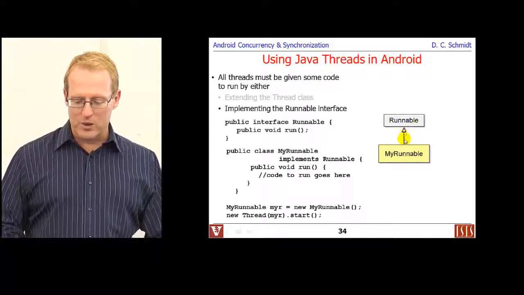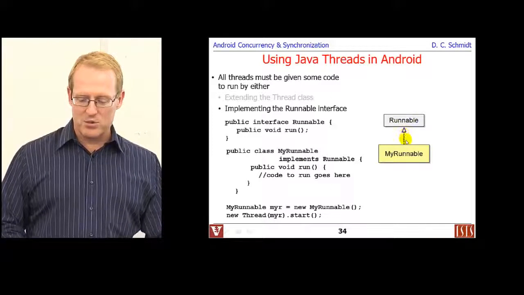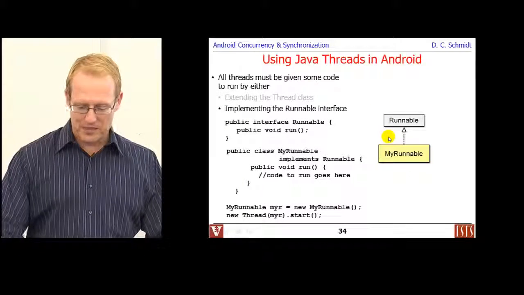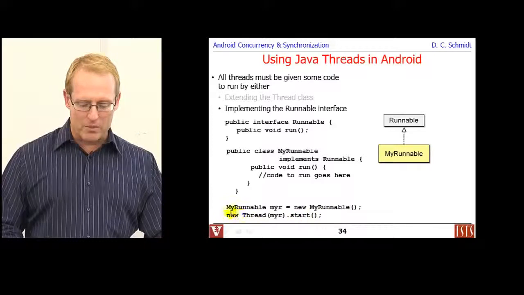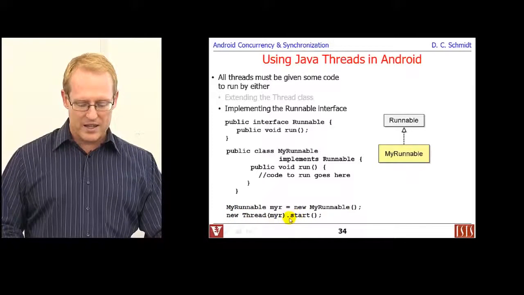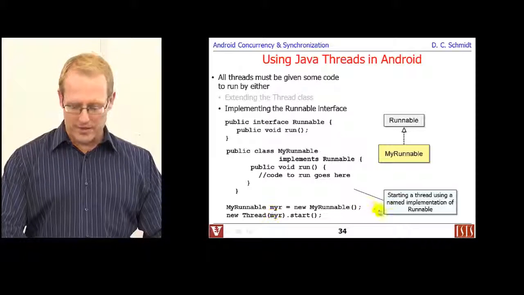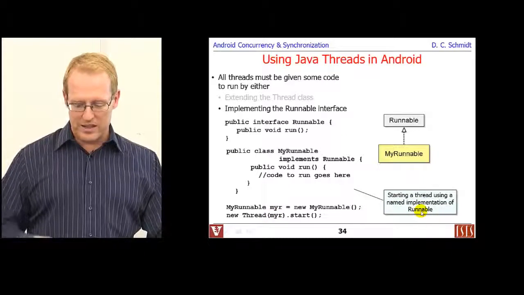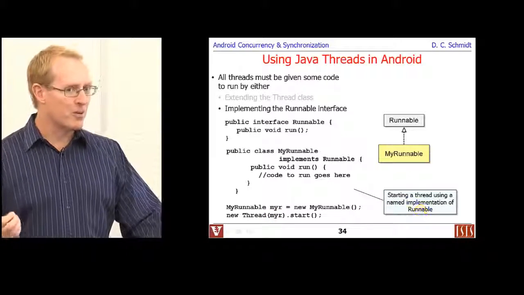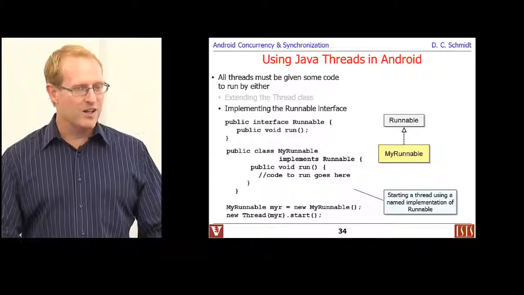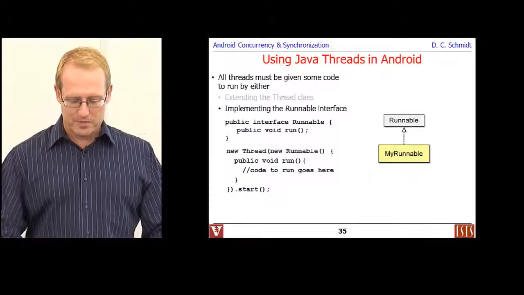And we use our little UML notation to show implements, and this notation shows inherits. And then down here we make a new Runnable, and then we say new Thread dot start, but we give it the Runnable object to run. And so we're using a named implementation of a Runnable. In this case, it's MyRunnable. That's another way of doing a thread invocation.